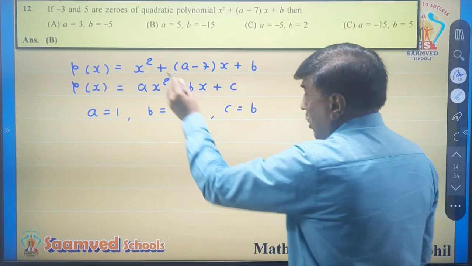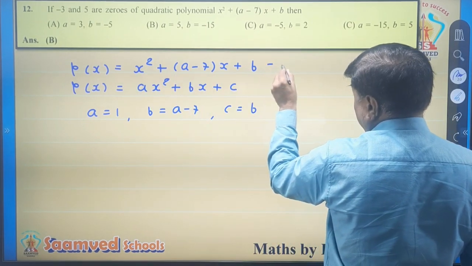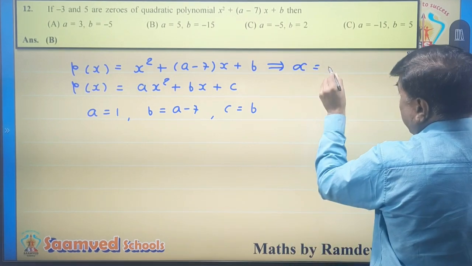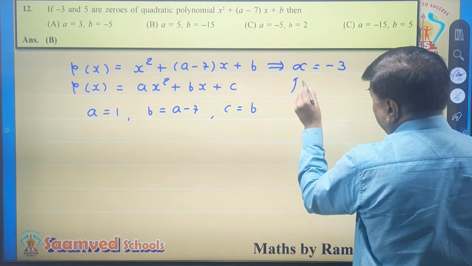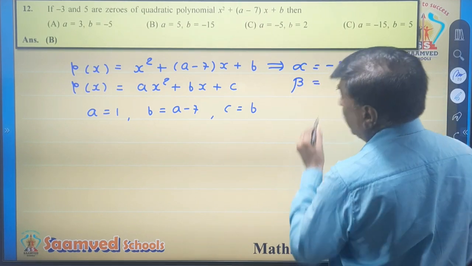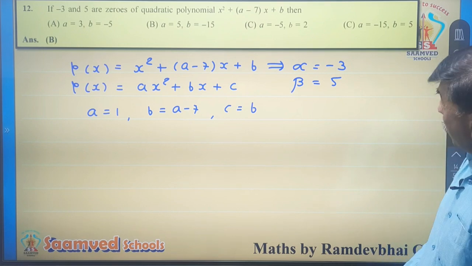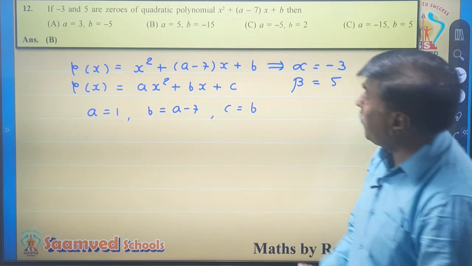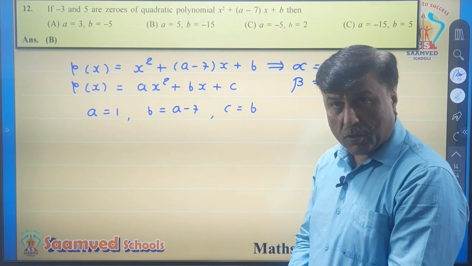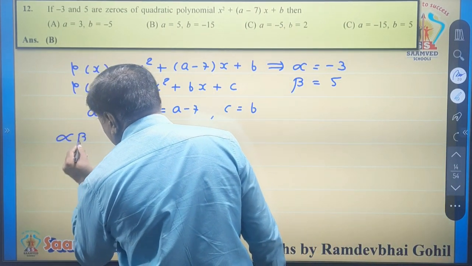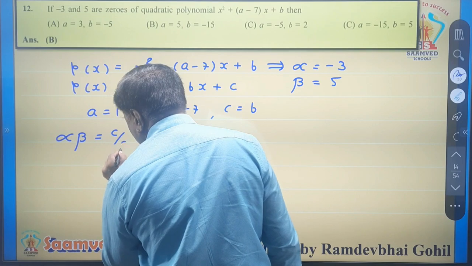Now, zeros of this polynomial are alpha is equal to minus 3 and beta is equal to 5. Zeros are given and you have to find the value of a and b. So, first of all, we will use this formula alpha into beta is equal to c upon a.